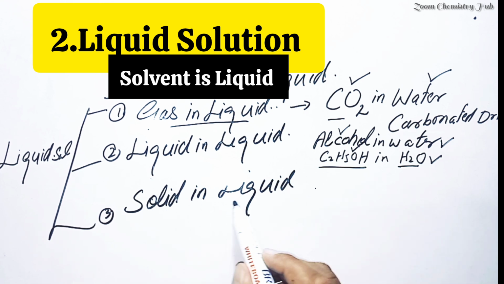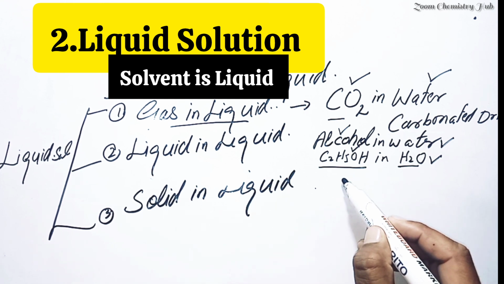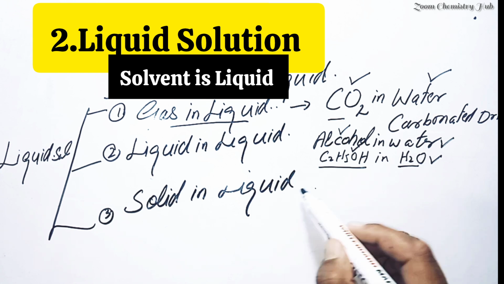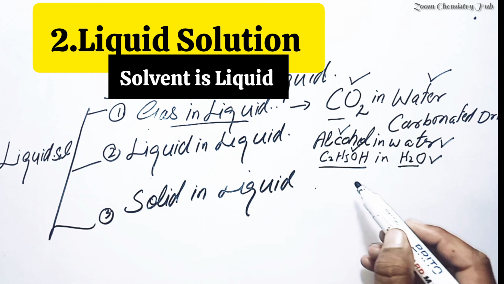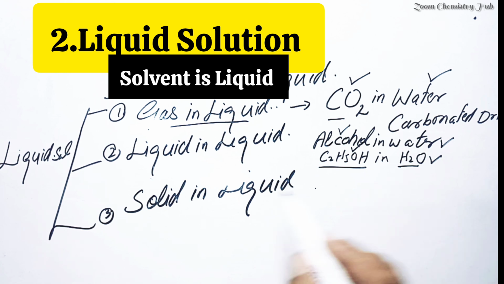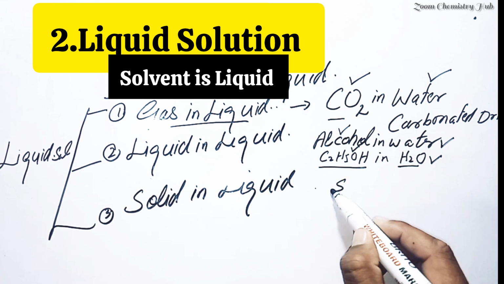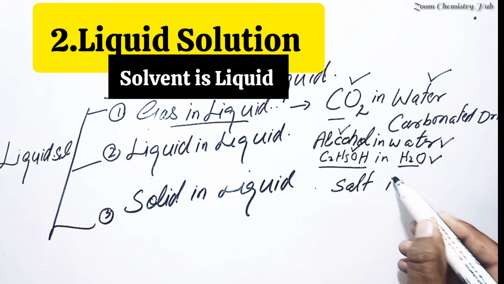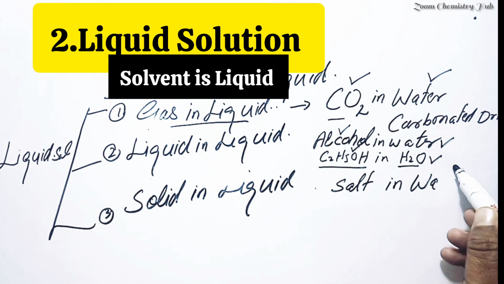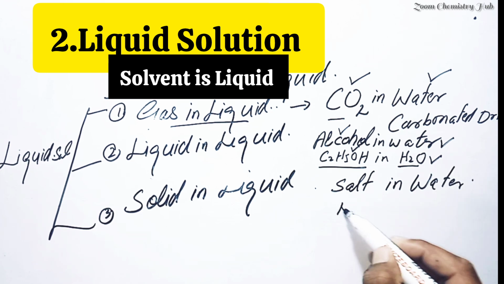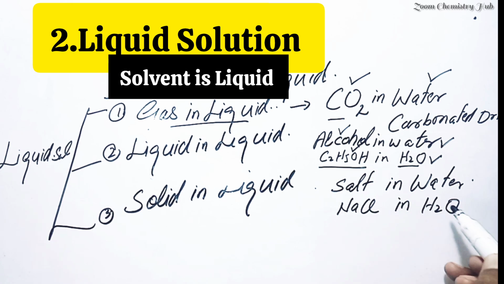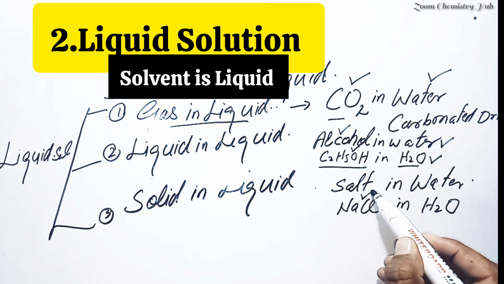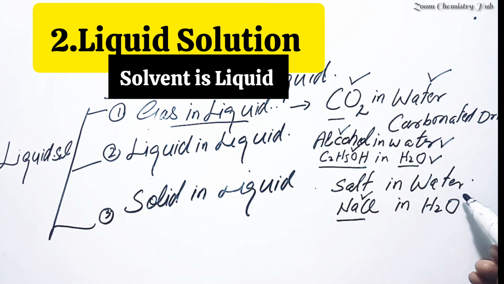Also the examples of solid in liquid are sea water and sugar in water, that is table salt in water, NaCl in H2O. Here the NaCl table salt is the solute and water is the solvent.